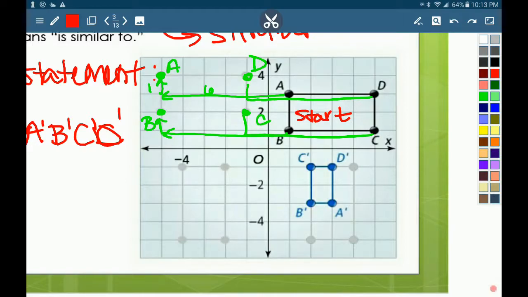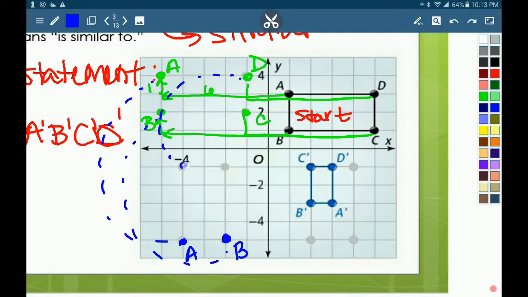Then from there, it looks to me like in order to get what I've written in red down to be in this second quadrant, it looks like a rotation of 90 degrees. So if we rotated 90 degrees, that means that B is going to travel along this circular arc. A is going to travel along this circular arc. D is going to travel along this circular arc. And then C is going to travel along this circular arc.